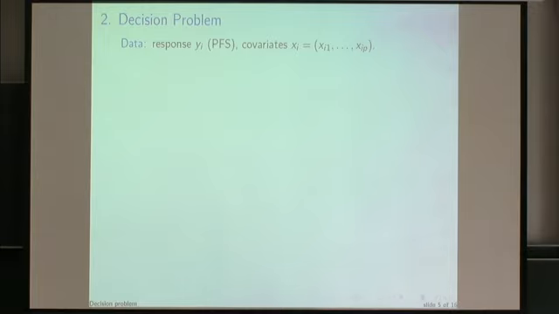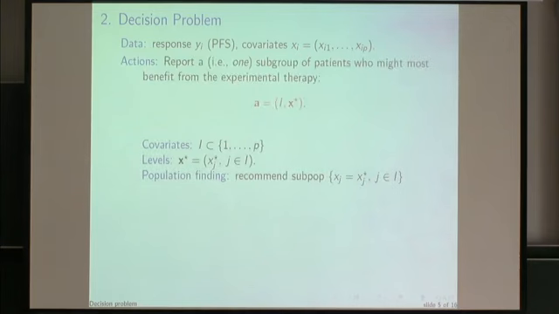I'll use x_i for the covariate vector. So for the ith patient, the covariate vector is x_i1 through x_ip, including in particular an indicator for the treatment selection, the disease, that's categorical, and then an 8-dimensional binary vector for recording the mutations. So that's my covariate vector.